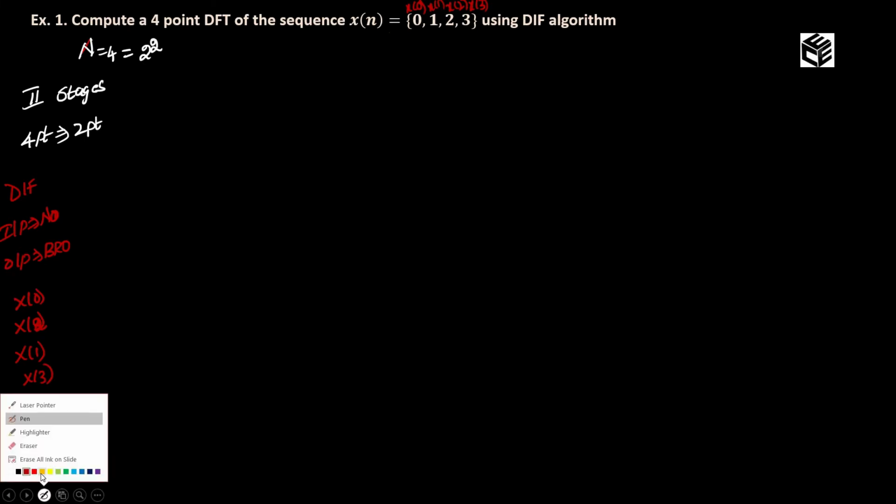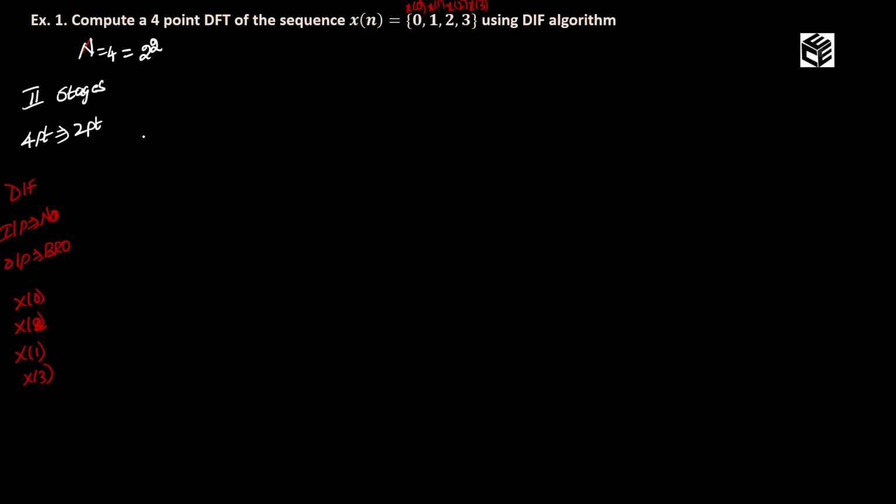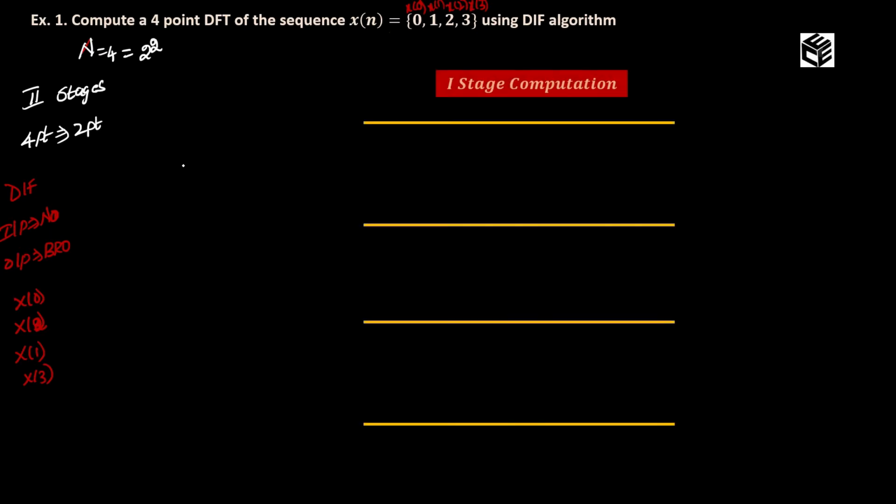Now let's start solving the problem with our first stage of computation. So this is my first stage computation. I have 4 inputs. I'm going to represent the 4 inputs: x of 0, x of 1, x of 2 and x of 3. My values are 0, 1, 2 and 3.